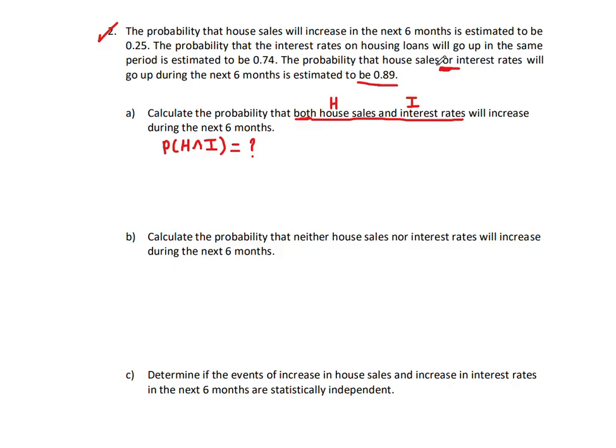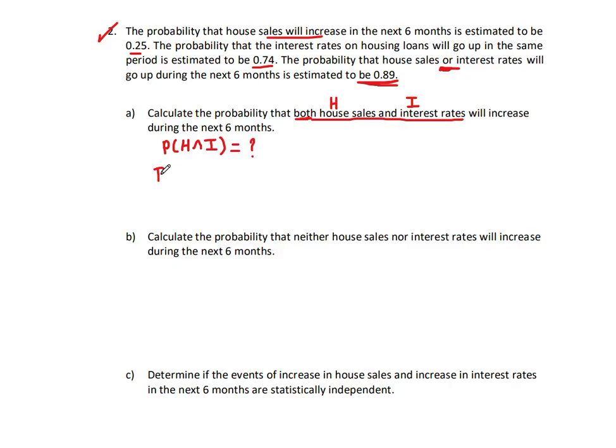It says the probability that house sales or interest rates will go up is estimated to be 0.89. So that is in fact the probability of the union, 0.89. And we also have individual probabilities for house sales increasing, which is 0.25, and interest rates increasing, which is 0.74.